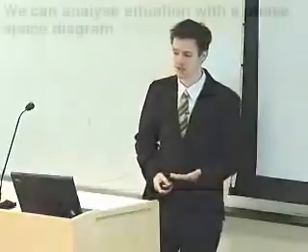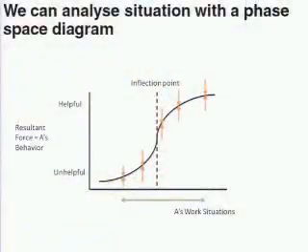This analytic solution will lead to a phase space diagram, so we can analyze exactly how A perceives his resultant forces. We have A's work situation on the x-axis, and we move back and forth. We're going to get a graph of the resultant force on A to be helpful or unhelpful.